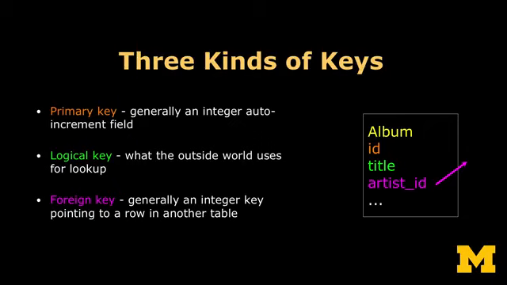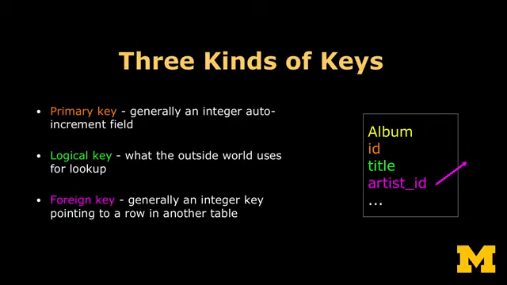Then there is, in most tables, what we call a logical key. The primary key might show up in URLs in your user interface, but it's almost never something that you know. Whereas the logical key is that's you, right?